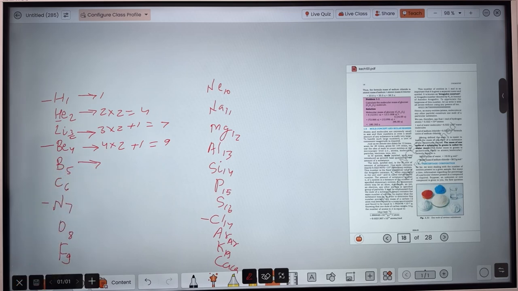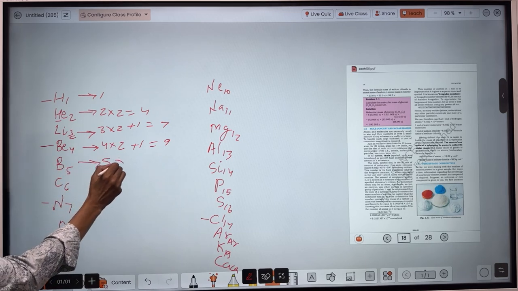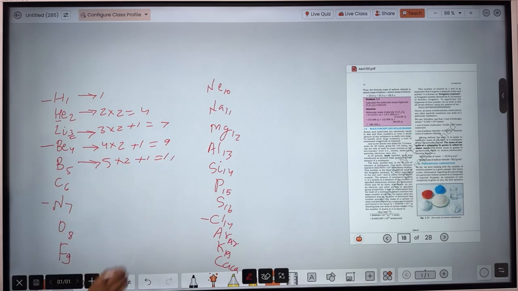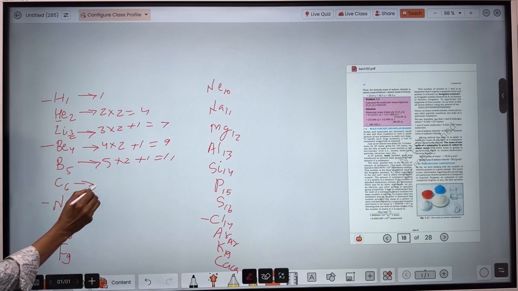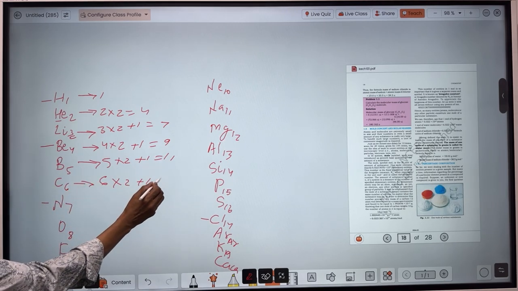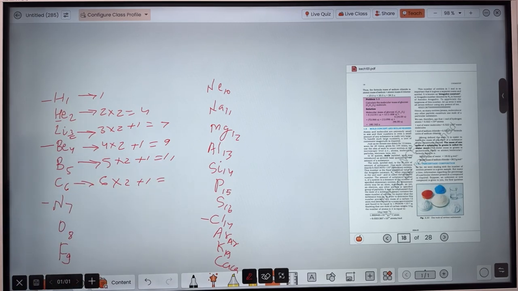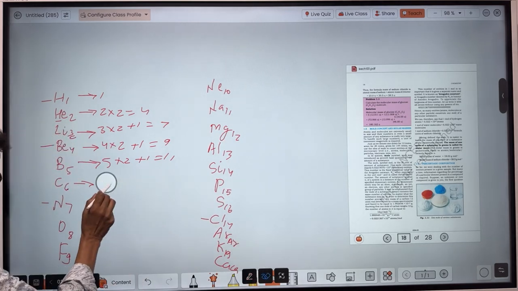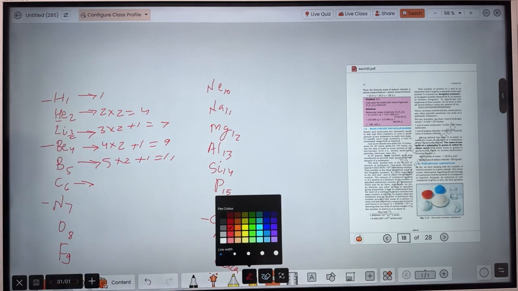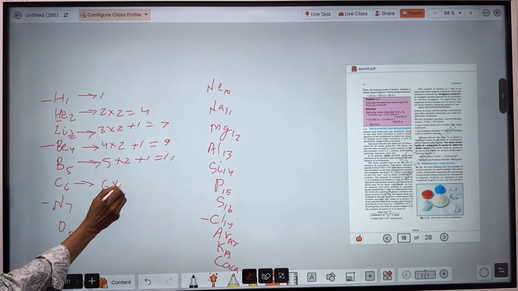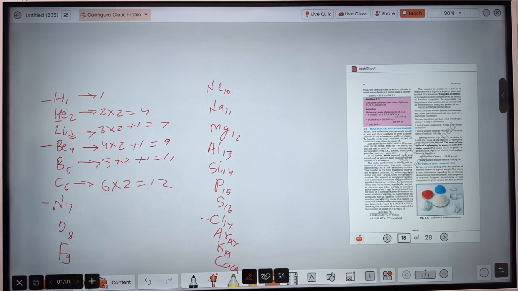Boron is an odd number, so that's why 5 into 2 plus 1. Carbon is an even number, so 6 into 2, and atomic weight is 12.